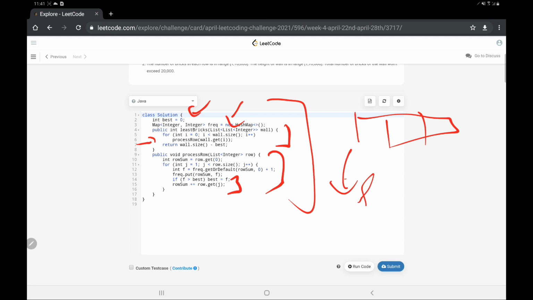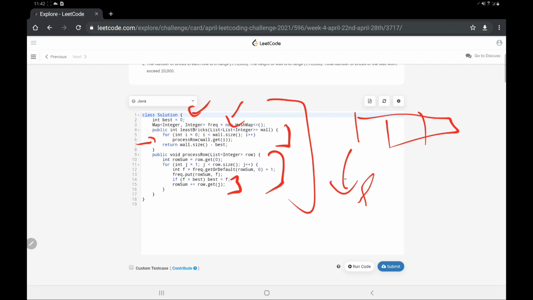I told you why we are subtracting: in the question the line passes through the edges, so if we returned the variable alone we would get the maximum number of edges. Since the question asks for the minimum number of bricks, we return the size minus the best.